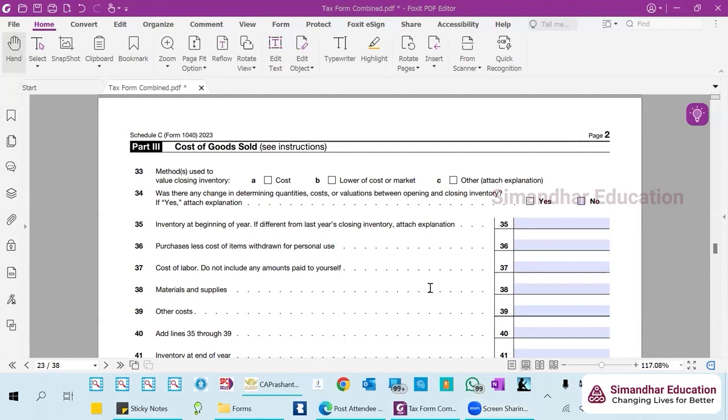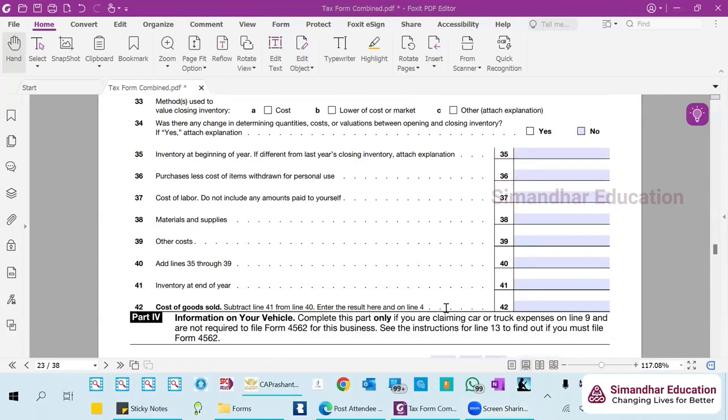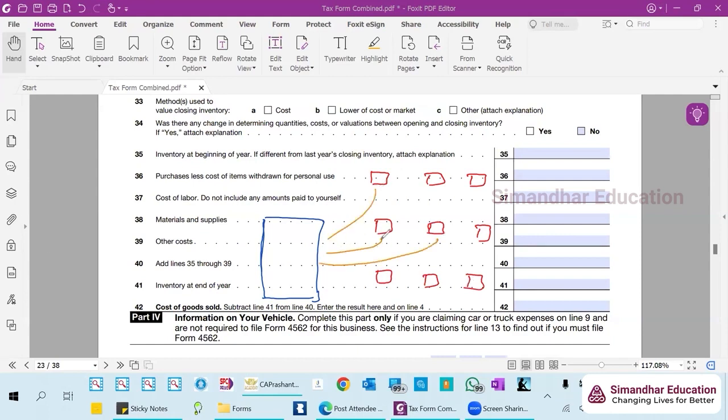Till now we have seen the 1040, and I have different forms from which the numbers are going onto my 1040.